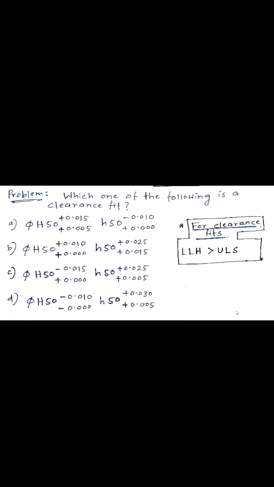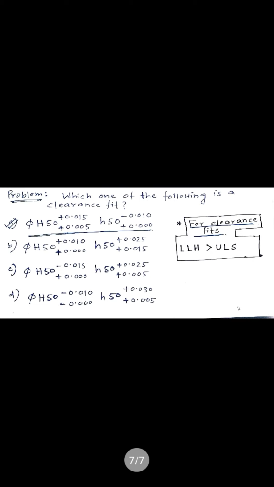The lower limit of hole, which is 50 plus 0.005 equals 50.005 mm, is greater than the upper limit of shaft, that is 50 minus 0.01, which is obviously less than 50. So option A is valid, so the correct option is option A.